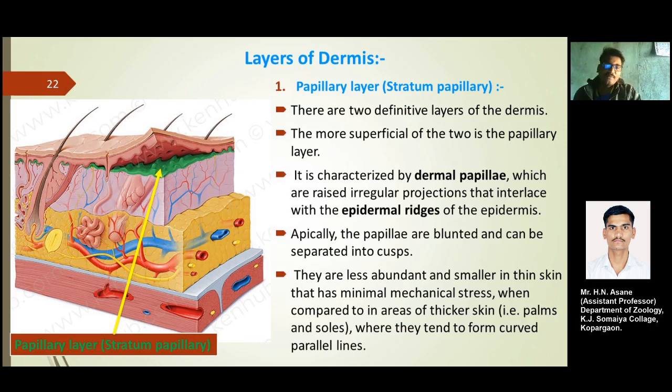They are less abundant and smaller in skin that has minimal mechanical stress, compared with the areas of thicker skin, that means the palms and soles, where they tend to form curved papillary lines. The curved papillary lines are nothing but your fingerprints.